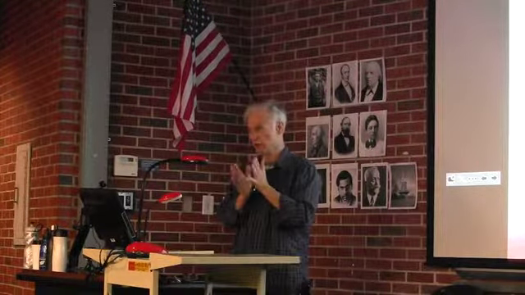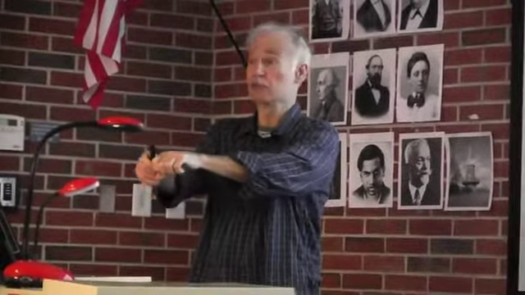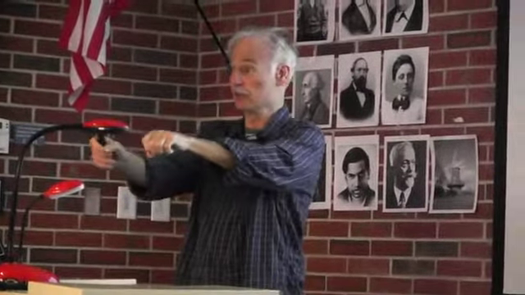Let's see how this works. Notice how it's opened up here, and now you have the clamp, and it can now bind the clamp in such a way that the clamp can't really fit unless one end of the 2 subunits opens up. So now it's in this configuration, which is just perfect for loading a duplex.